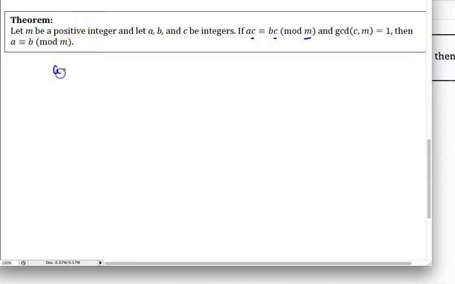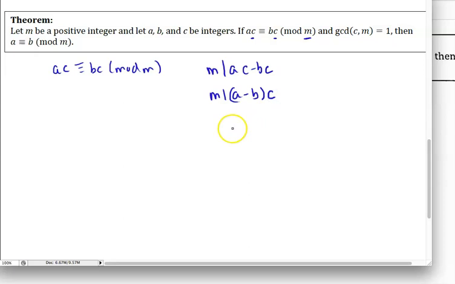All right, so if we have ac is congruent to bc mod m, then m is going to divide ac minus bc, or m is going to divide a minus b times c, like this.